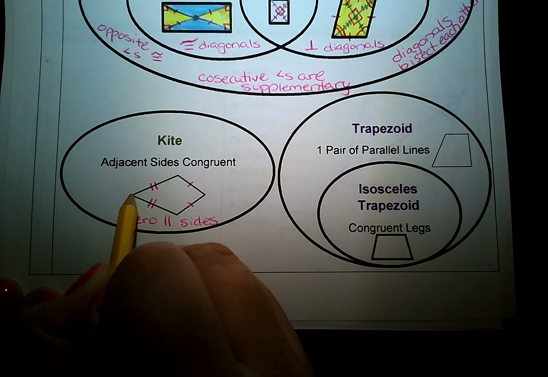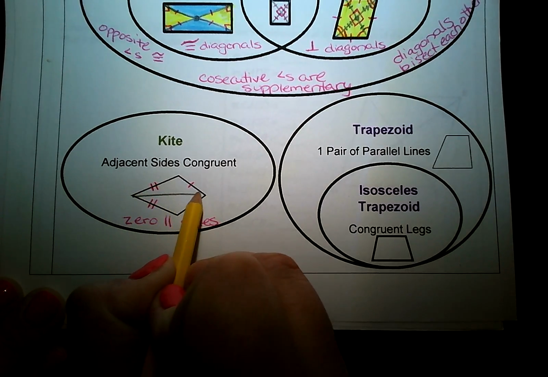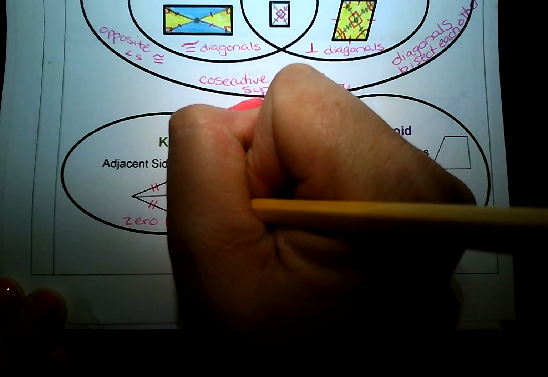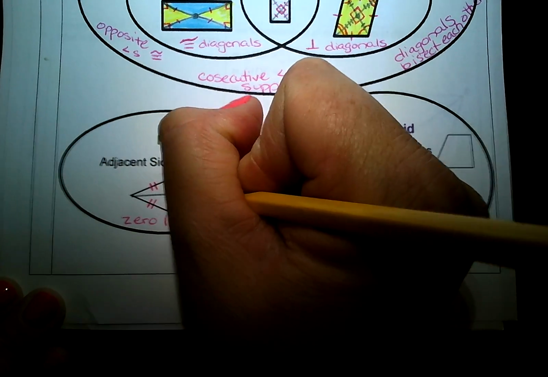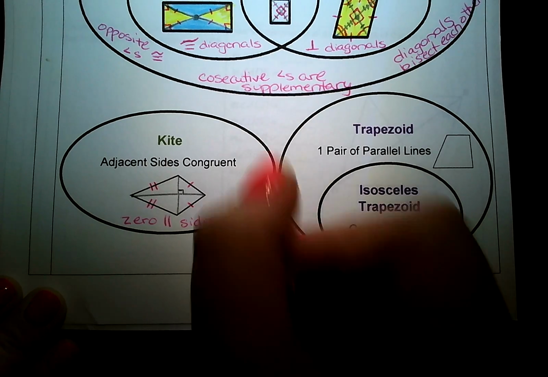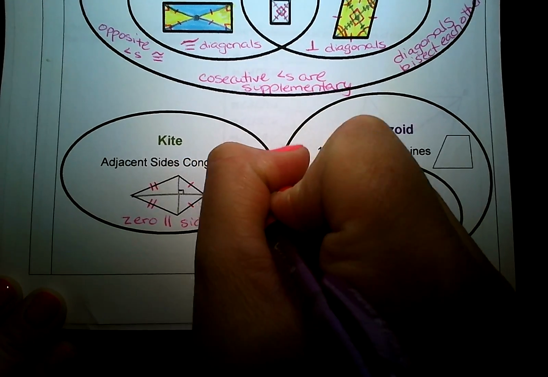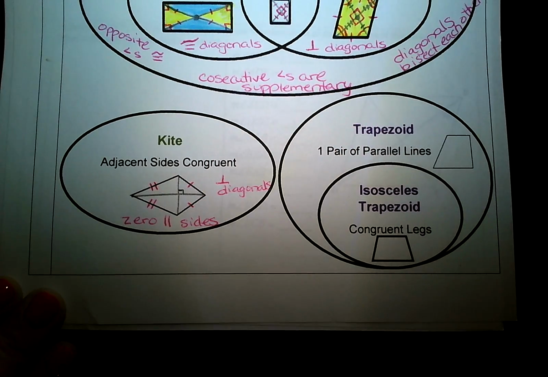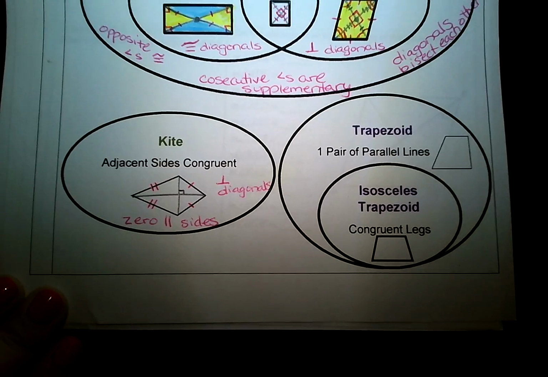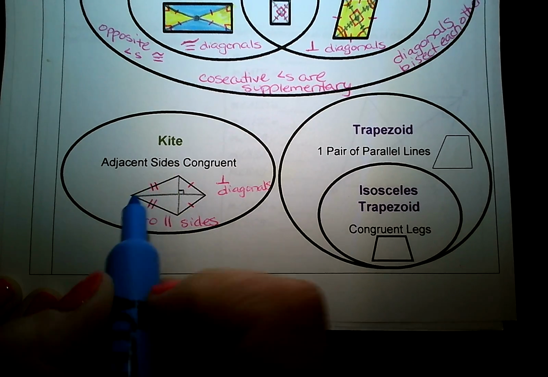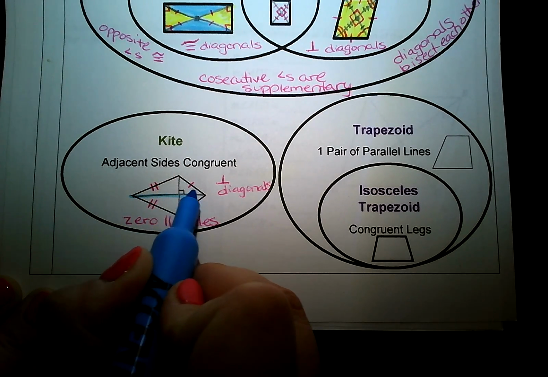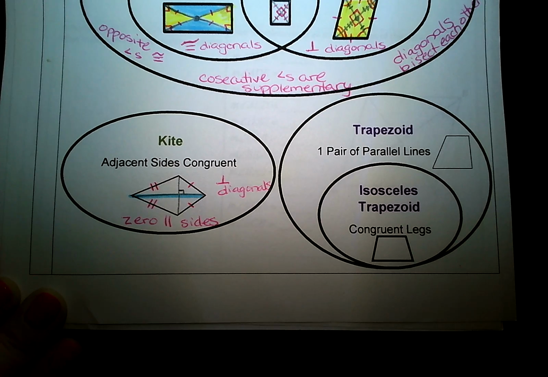Also, the diagonals are perpendicular to one another. They create right angles. The diagonal cutting the shape lengthwise is a line of symmetry. Everything on the top half of that line is symmetric to everything on the bottom half.